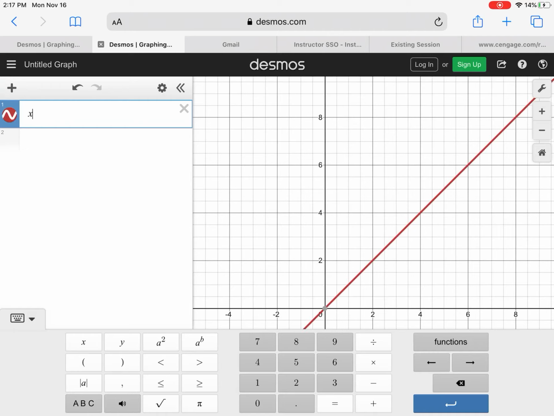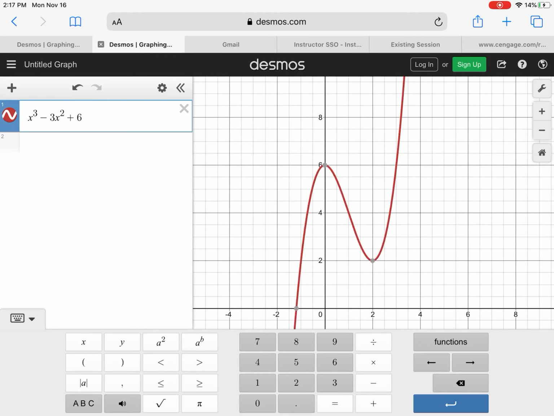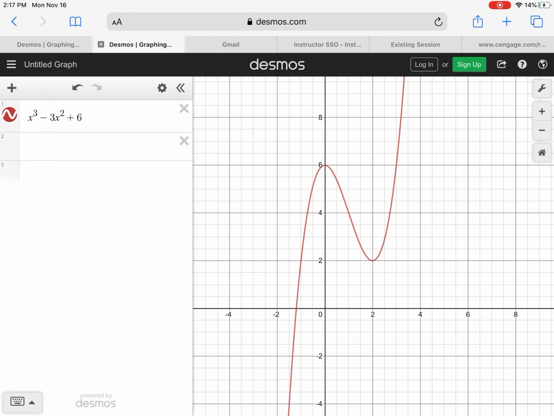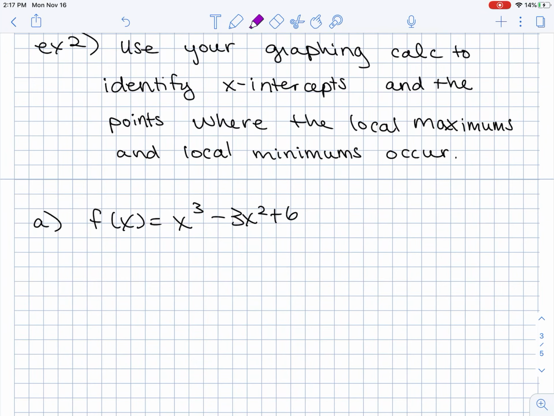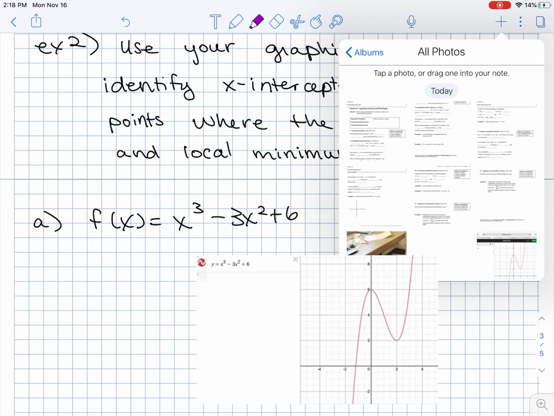This is going to be x to the third, using the exponent key right there, minus 3x squared plus 6. What we're looking at is this graph with these turning points, and I'm going to snap a little screenshot of that and add it to our notes so you can see what I'm talking about.